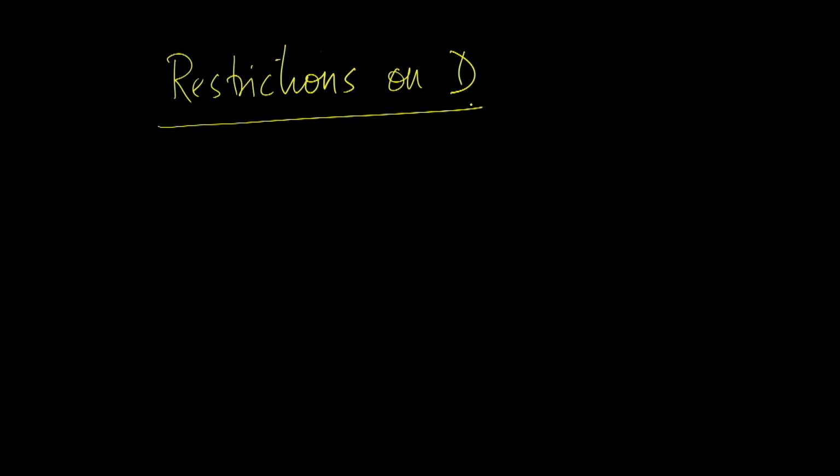Sometimes we want to make restrictions on the domain of discourse. Suppose D is the domain of discourse and let us say we want to make restrictions. So, let us assume that D is the set of all natural numbers and let us say we have a statement of this form: for every x greater than 11, P of x.